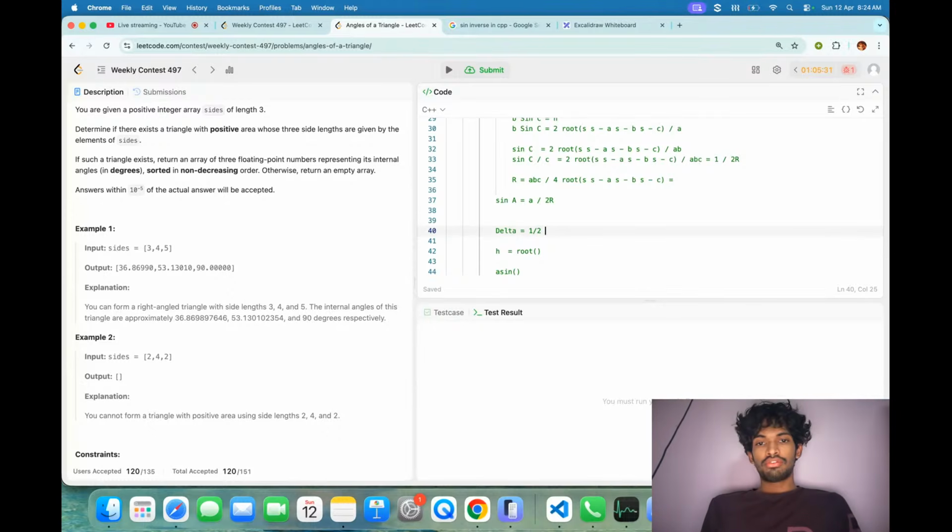Delta equals to half AH. And we know delta, which is area, equals root of S into S minus A into S minus B into S minus C. We can see that proof with this one, if you guys notice.